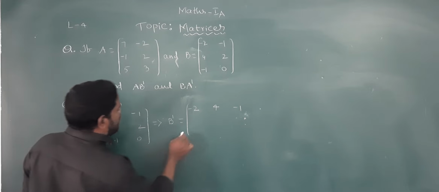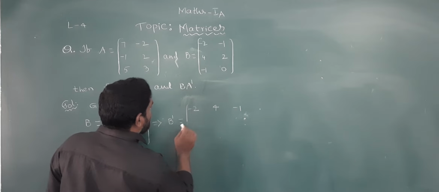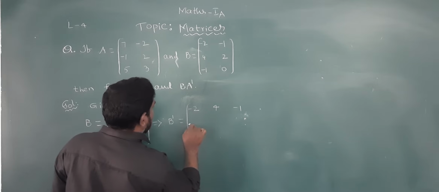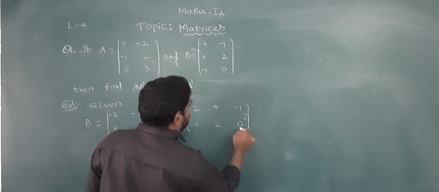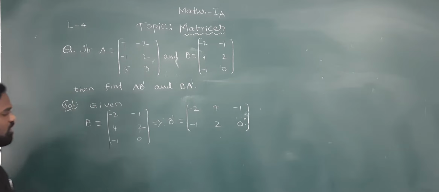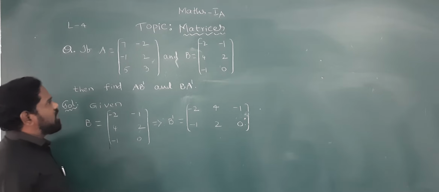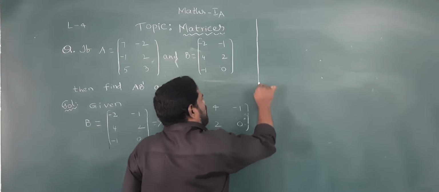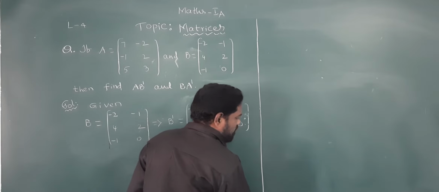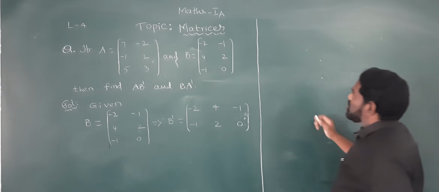The second column is written as the second row, understand, like this: -1, 2, 0. Now let us find the product of matrices A into B transpose. We have to see how to find it.